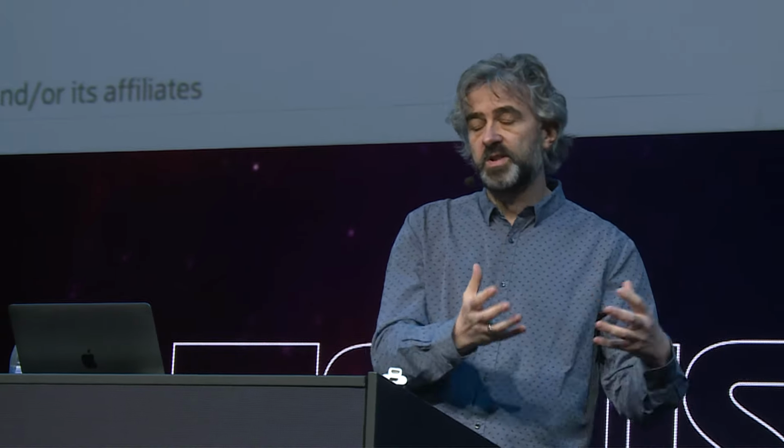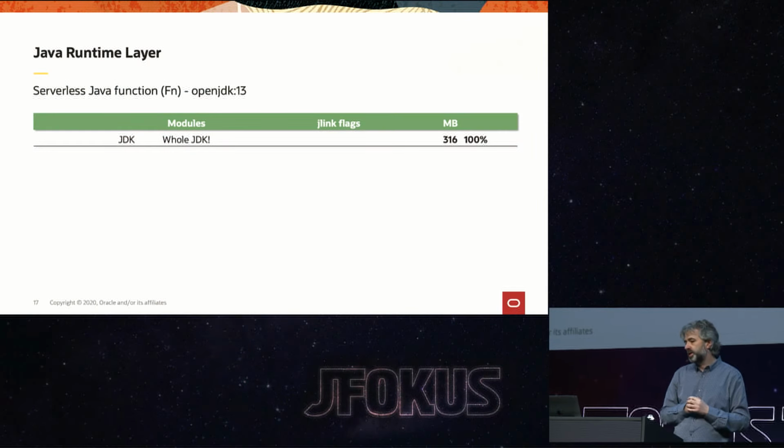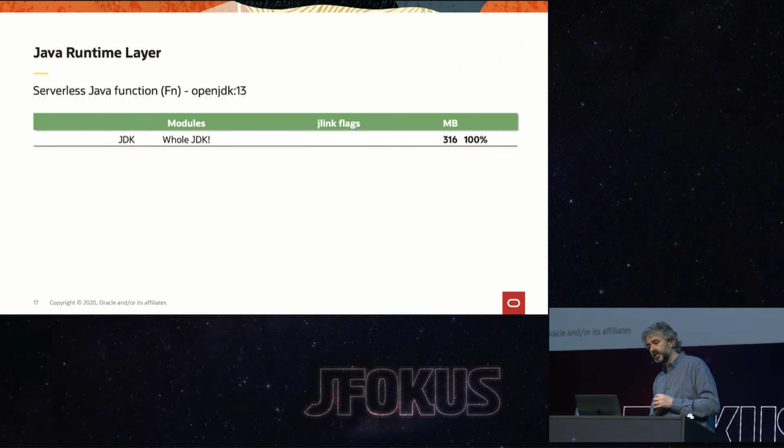So our application will have a runtime with just the features from Java that are needed by the code. To give you some sense of the benefit that we can get by using jlink, I started from a serverless Java function running on Fn with OpenJDK 13. So first, we start from a whole JDK. A whole JDK 13 weighs 316 megabytes.